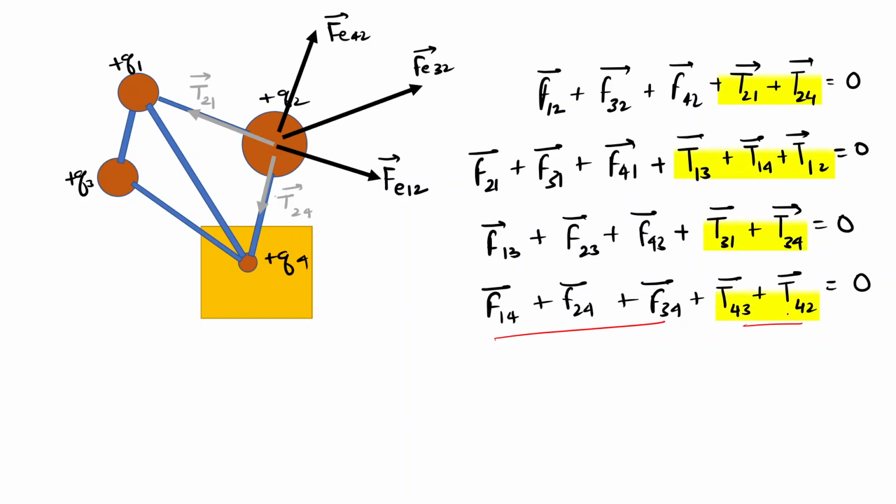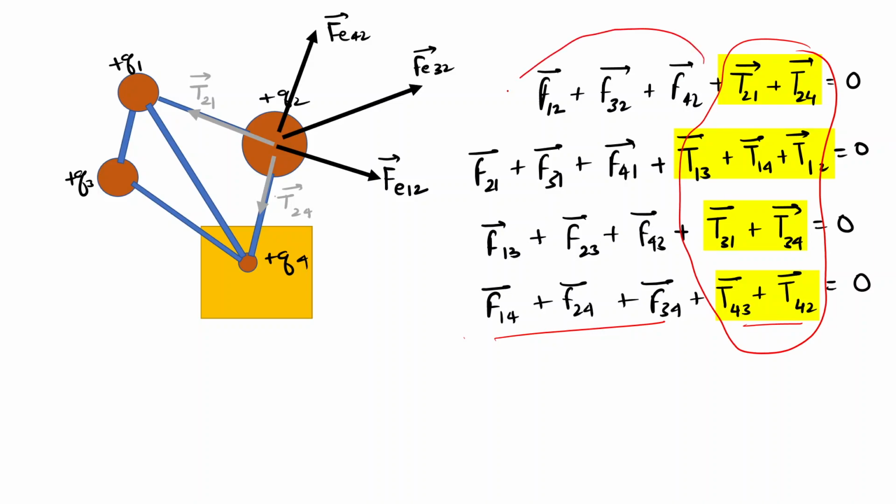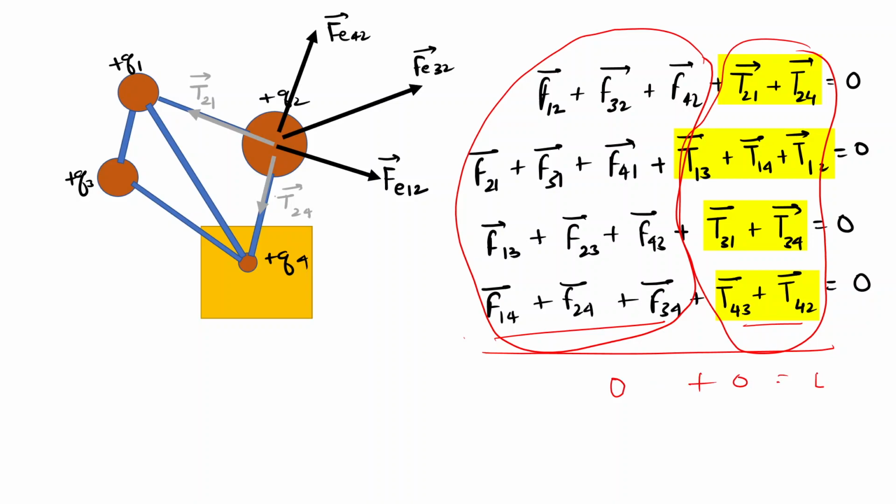And look at this, all the forces. If you sum all the forces, you will get all the opposite pairs of tension, and all the opposite pairs of these electrostatic repulsion. These equations are consistent in a way. If you add all these equations, you will get 0 plus 0 is equal to 0.